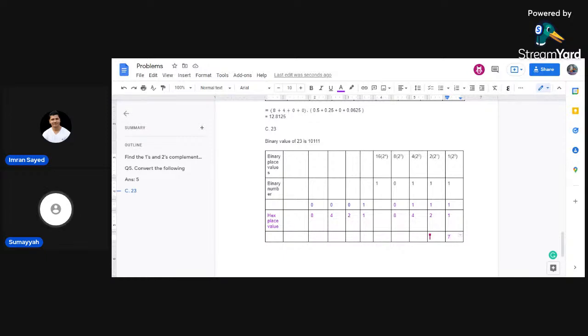So when you multiply by the place value and add up these 4 digits, you get 7. How are you multiplying? Can you explain one of them? 0 times 8 plus 1 times 4 plus 1 times 2 plus 1 times 1. The binary digit is being multiplied by the hexadecimal place value. Can you place your cursor over and show me which ones you are multiplying?